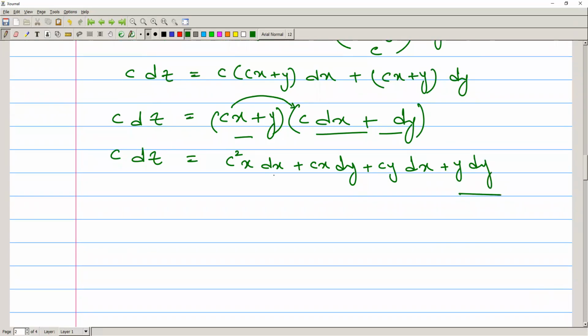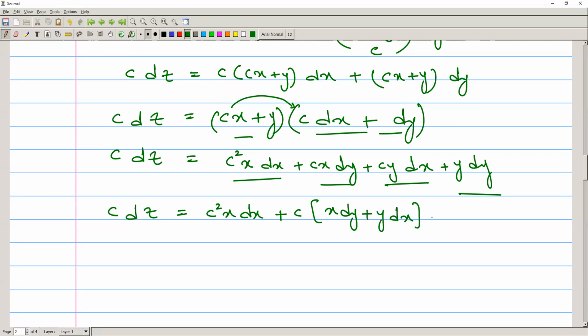Now this and this are easily integrable, but for this equation, we will write this in terms of an exact differential equation. So if I take c and c common, I will be left with x dy plus y dx plus y dy.